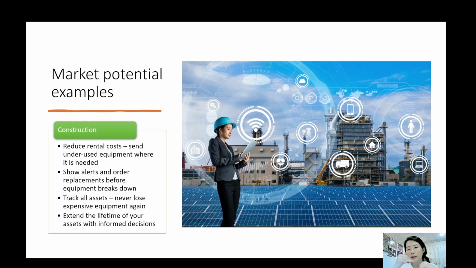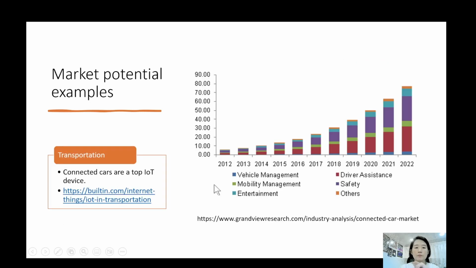So when the performance is degrading, you know that the equipment is going to break down soon. Based on this data collected from your sensor, you can place an order for new equipment replacement. Track all assets, never lose expensive equipment again. Extend the lifetime of your asset with informed decisions.